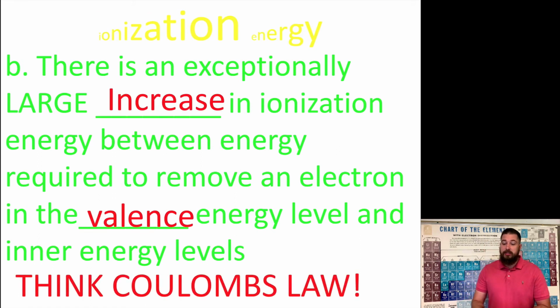Again, there is an exceptionally large increase in ionization energy between energy levels. When you take valence electrons away, they require energy, but when you start taking inner electrons away, it requires a very, very large amount of energy. Part of the reason is that those electrons are closer to the nucleus, and there's less shielding on those lower energy levels.